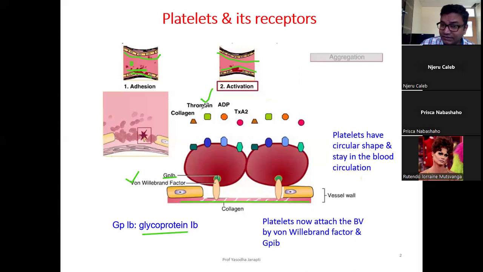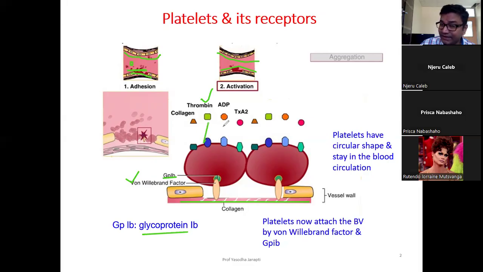We know that prothrombin is converted to thrombin. So all that clotting activation process we studied last time also gets activated. Thrombin, formed from prothrombin, will bind to its receptor.